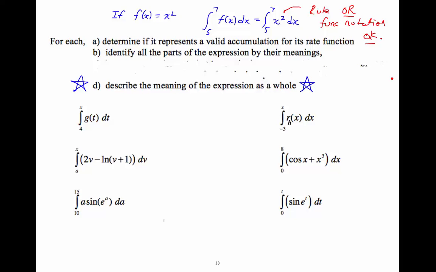When you see an integral, it's like, okay, g of t. It's not named r sub something of t, but it's still just a function. So in an integral expression, what kind of function is it? It's an exact rate function.